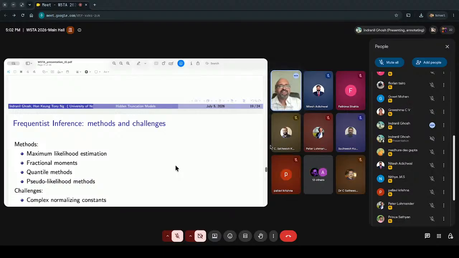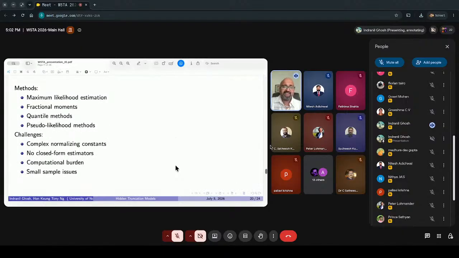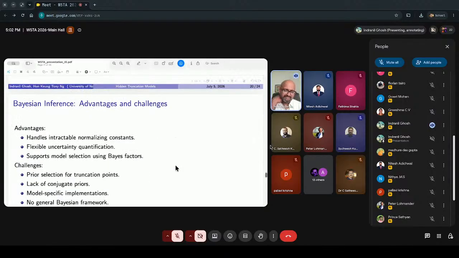I'm almost there. So in the frequentist inferences, there are maximum likelihood, fractional moments, quantile methods, pseudo likelihood methods, but the challenges are no closed form estimators, weird normalizing constants, and small sample issues. In the case of Bayesian, the question is what choice of prior you would have for the truncation points.